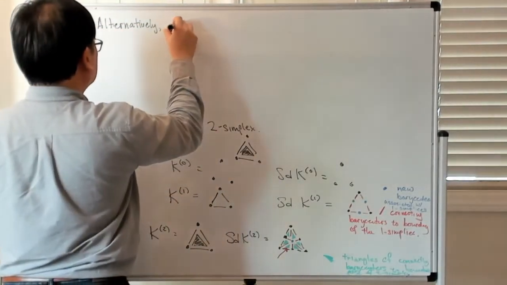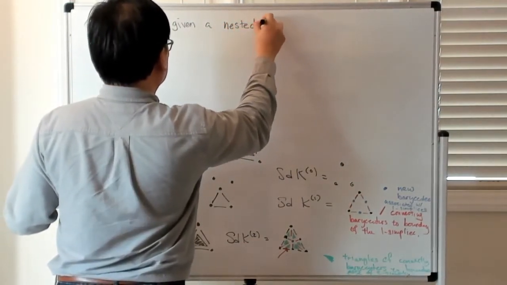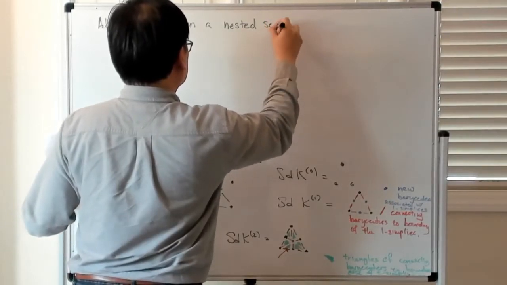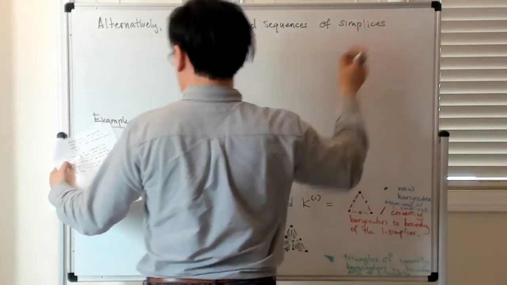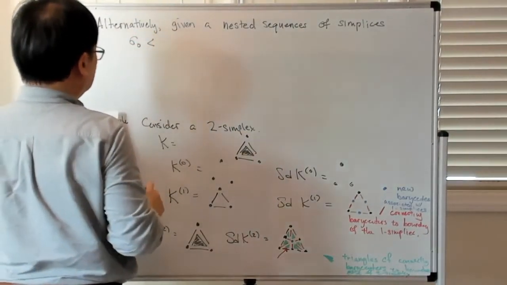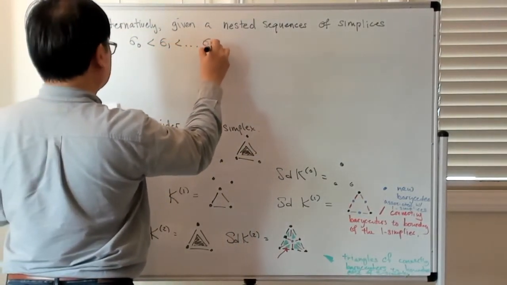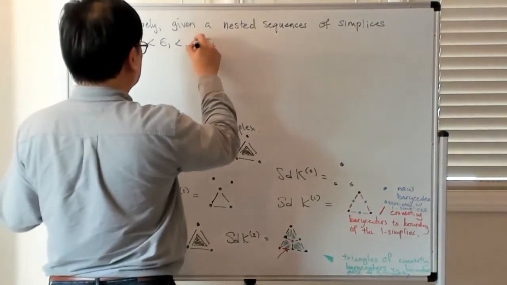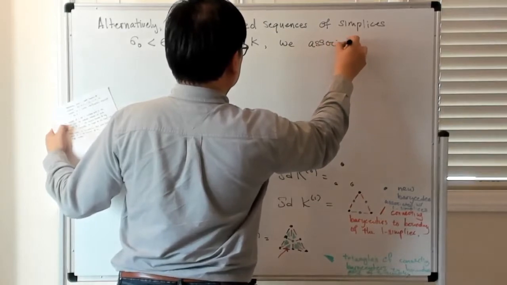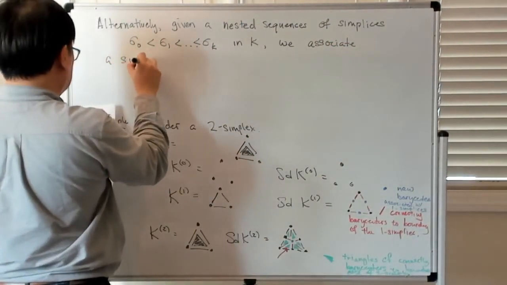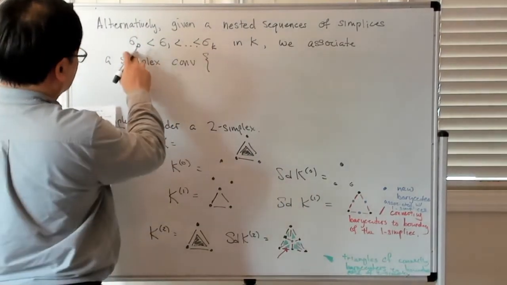Okay, so alternatively, given a nested sequence of simplices, so sigma 0 is a proper face of sigma 1 and so on all the way up to sigma k, and this is in K, we associate to it a simplex which is obtained by the convex hull of the barycenters of these simplices in that sequence.